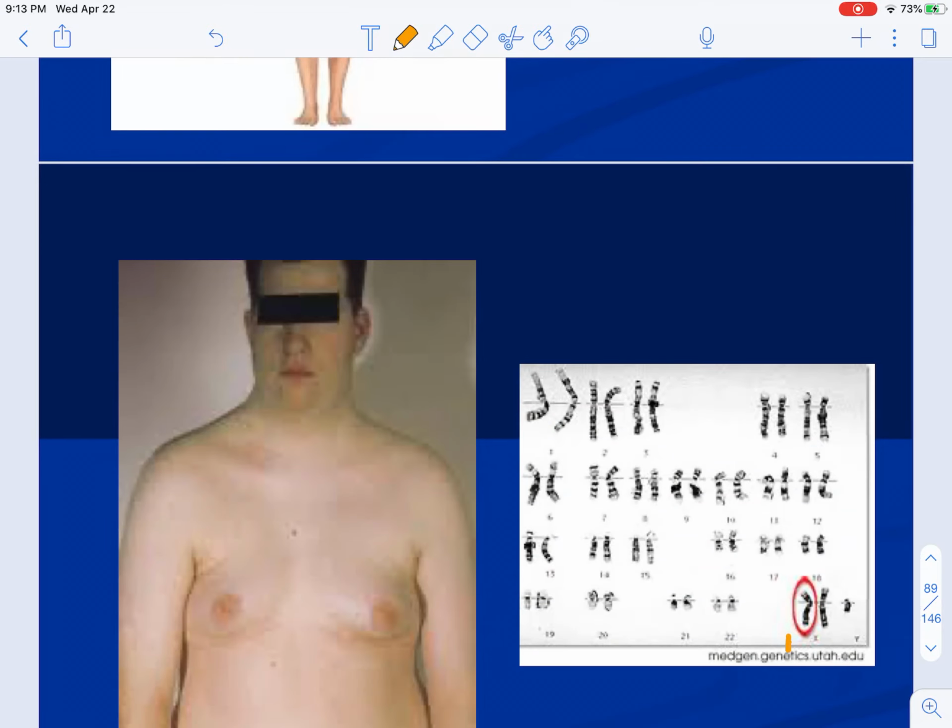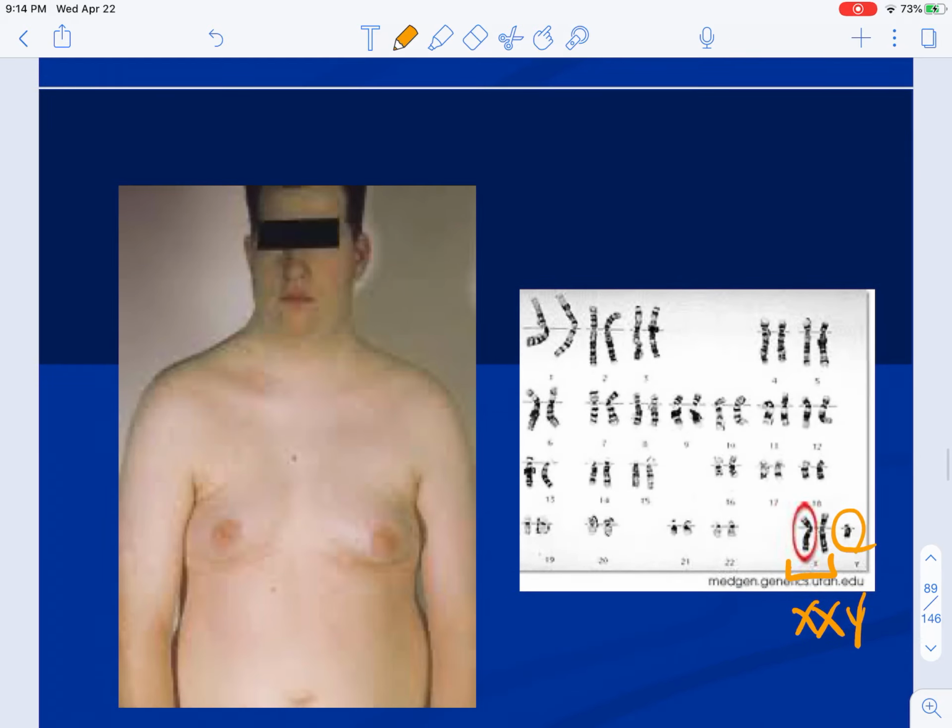Klinefelters, I have a karyotype here, would be where there were two X chromosomes, but also a Y. So XXY is a typical Klinefelters, and what happened there is that the chromosome that was extra was the sex chromosome, the 23rd X, and so the problem was in the egg cell that the two X's stuck together and went together.